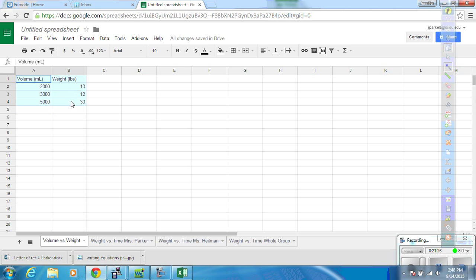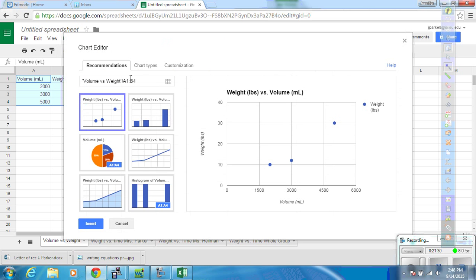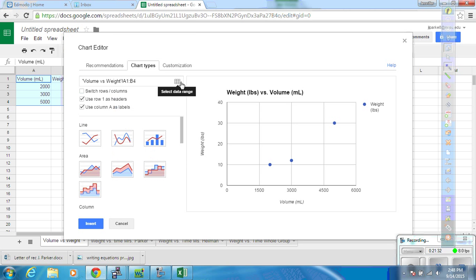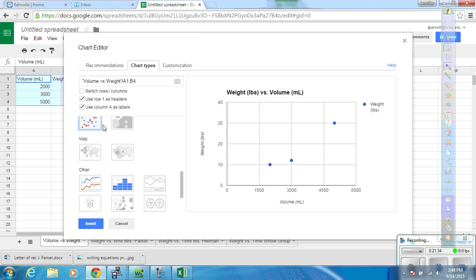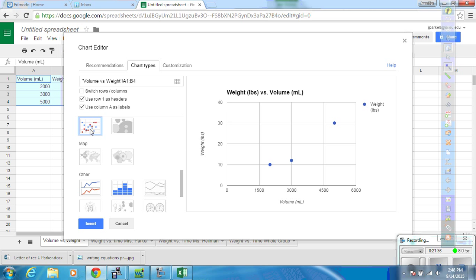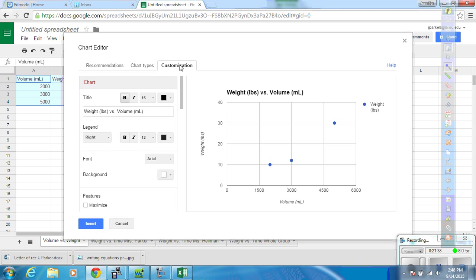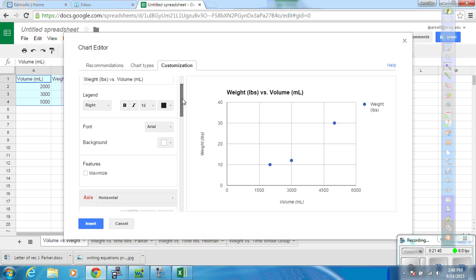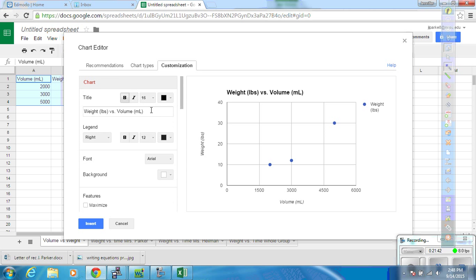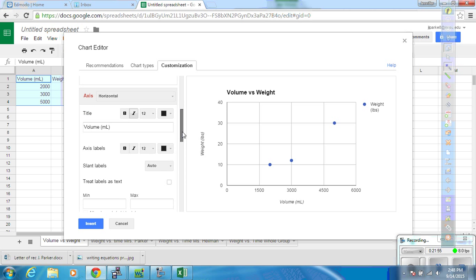So, you know, I could go in and click this, and as long as I've highlighted it, I go to chart, and then I go to chart types, and I make sure that I scroll down and choose scatter plot. And then I go to customization, and I give it all the information that I need to, like the title is going to be volume versus weight. And we've got our legend and our font. If we don't like it, we can change it.